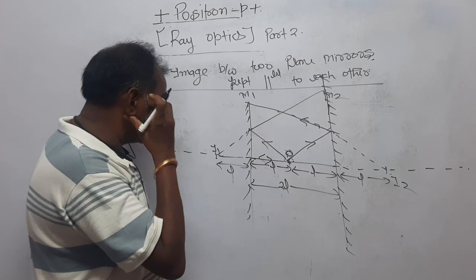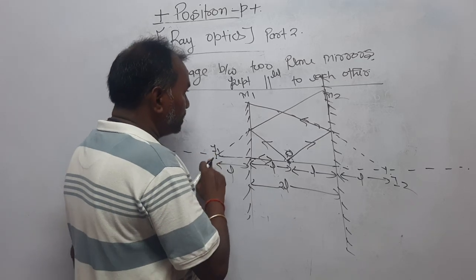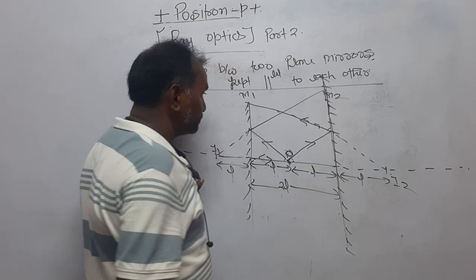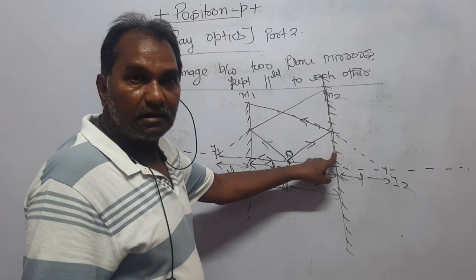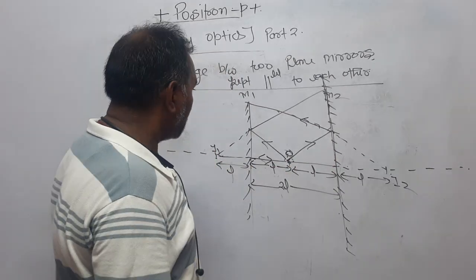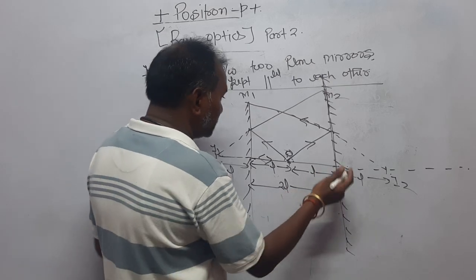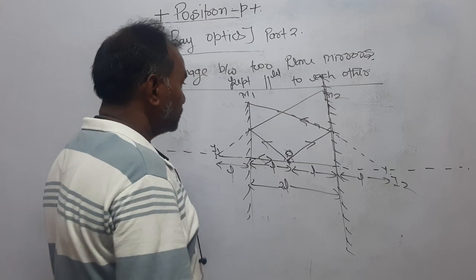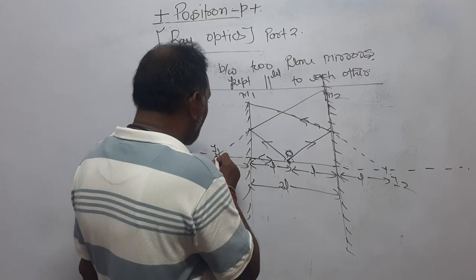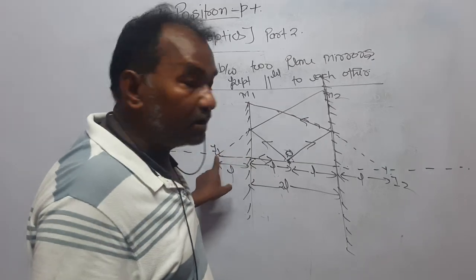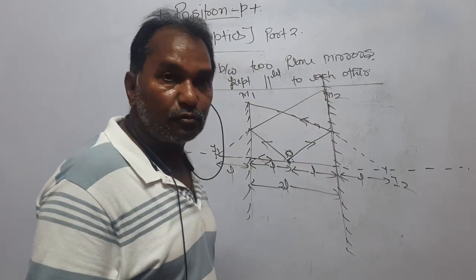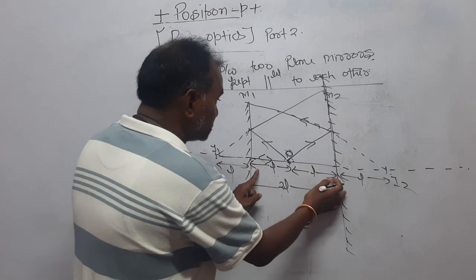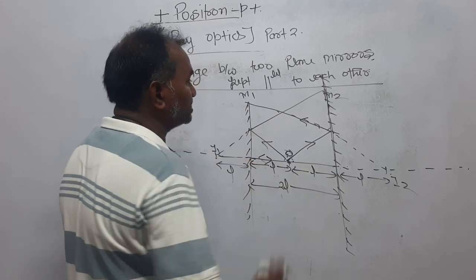Now this I1 will behave as the virtual object for M2, so it will make the image of this image, and from here it is 2L plus L. So at 3L distance away, this I1 is at 2L plus L, so 3L distance away.